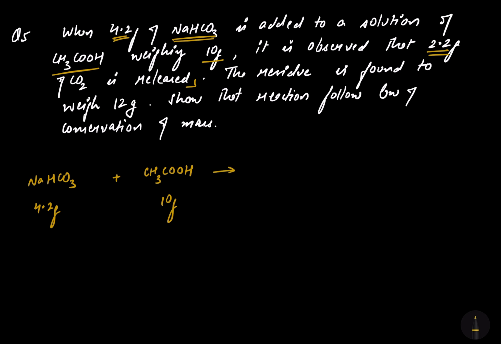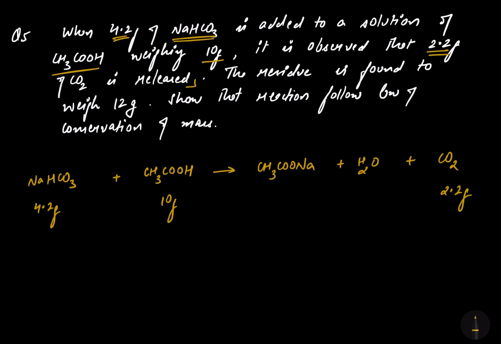So what will be its products? It comes out to be CH3COONa plus H2O plus CO2. 2.2 gram of CO2 is released. So here the weight of CO2 is 2.2 gram.